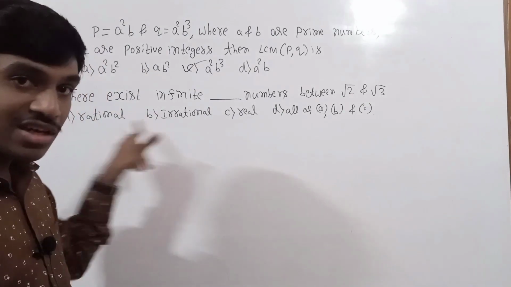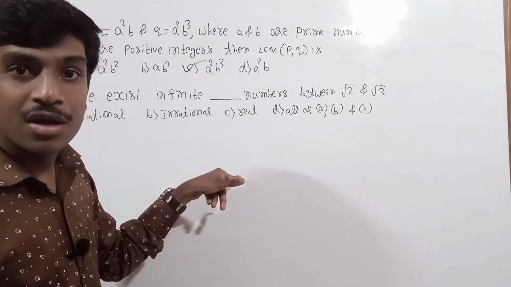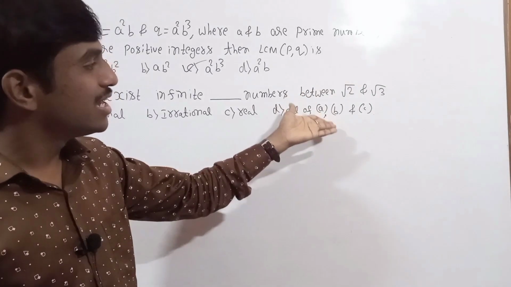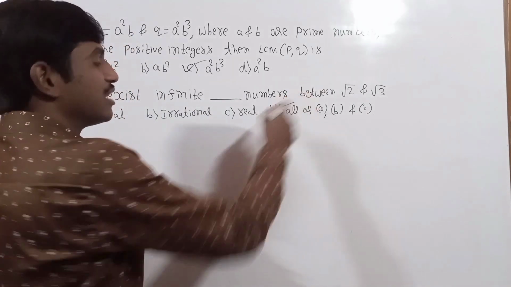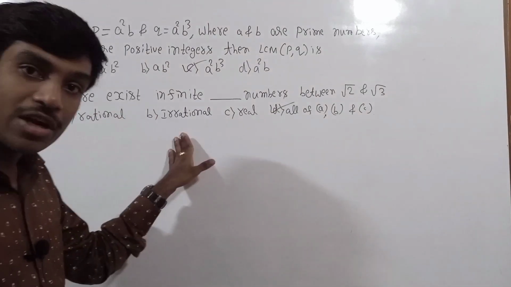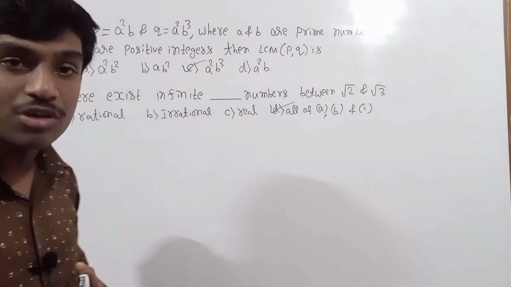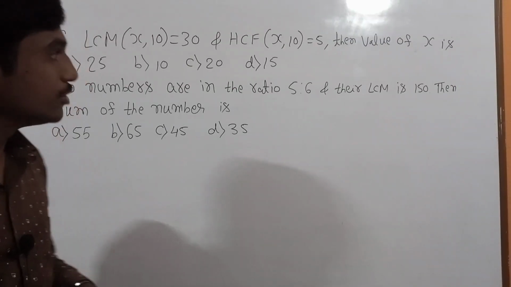If the number is rational, then it is a real number. If the number is irrational, then also it is a real number. Hence the correct answer is option D, that is all of A, B, C. That means between any 2 points, there exist infinite rational numbers, infinite irrational numbers, infinite real numbers. Now we will solve the next question.